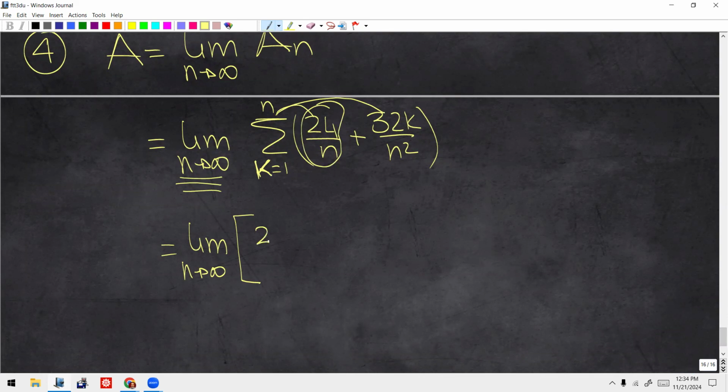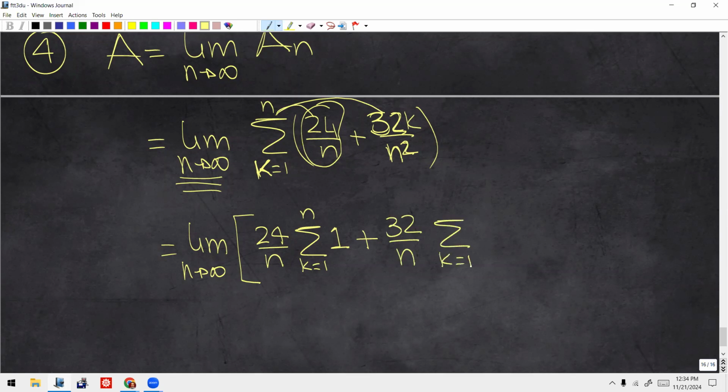No, so I can take it out, and then I get summation k is equal to 1 to n of just 1, because I took everything out. Is that okay? From the second term, what am I going to take out? I can take out a 32 over n squared, and I'll be left with what now? Just k, right? Because that's left. Good? 2 more lines and we are done.